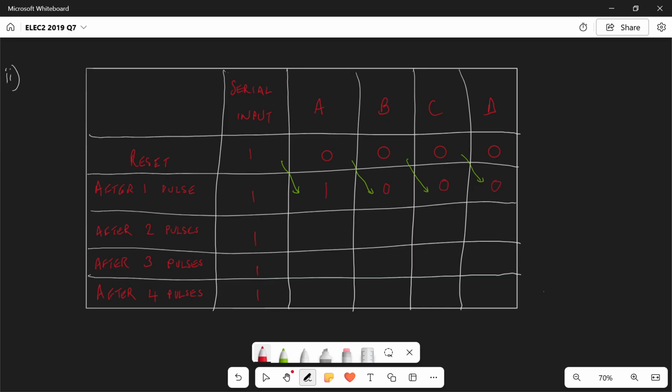Now the same occurs on the next clock pulse. Which means that we've got a 1 for A, now a 1 for B, and a 0 for C, and a 0 for D. And then on the next clock pulse, we get exactly the same. And on the last clock pulse, all of A, B, C, and D are high. And this concludes question 7.